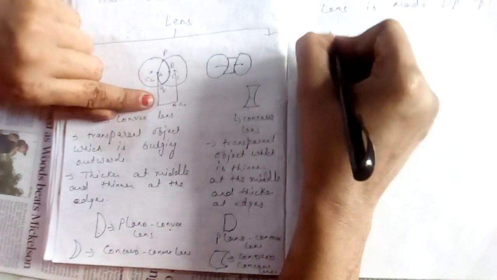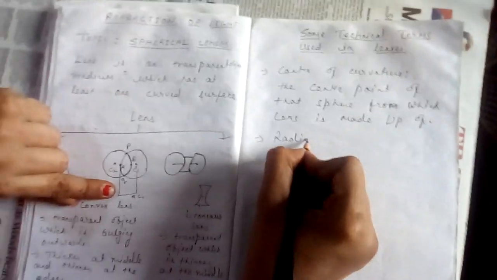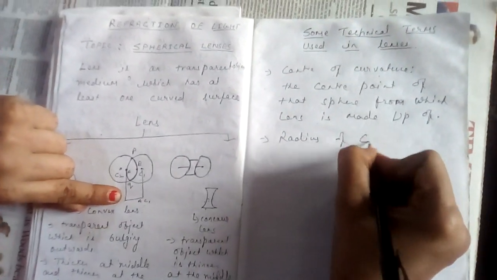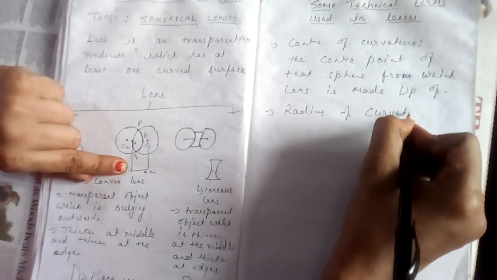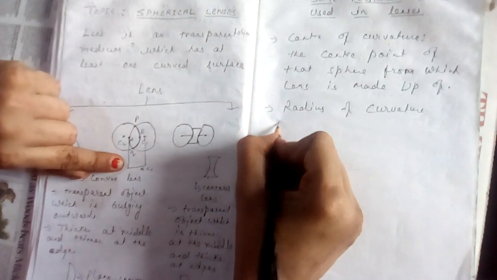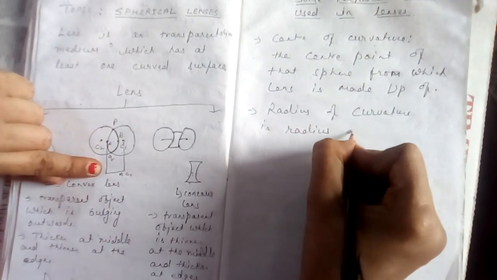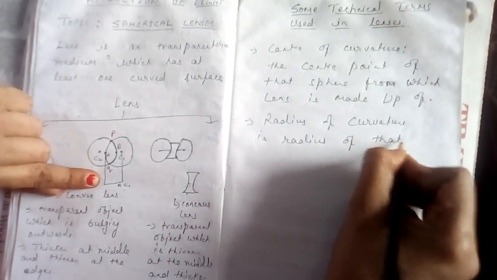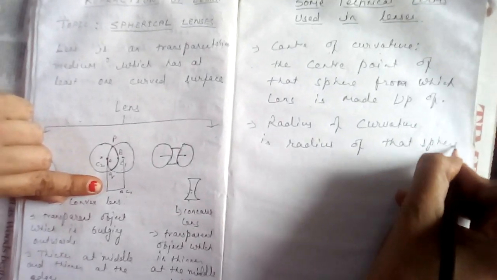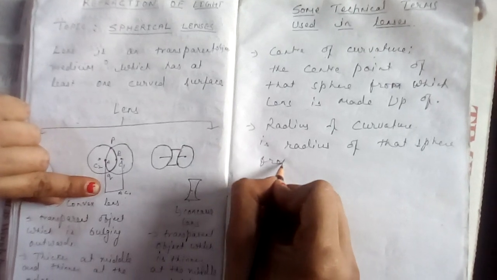So what is radius of curvature? Very simply, the radius of curvature is the radius of the sphere from which the lens is made.